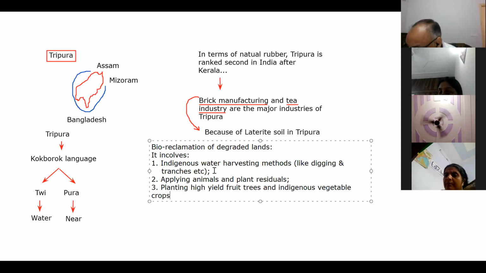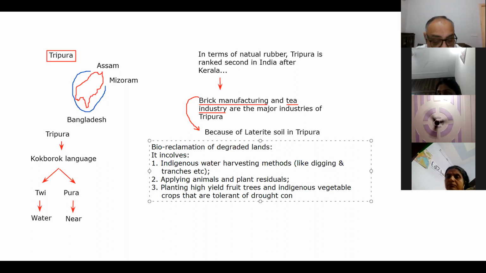Indigenous vegetable crops that are tolerant of drought conditions, जो drought को bear कर सकें, सूखे को जो bear कर सकें.